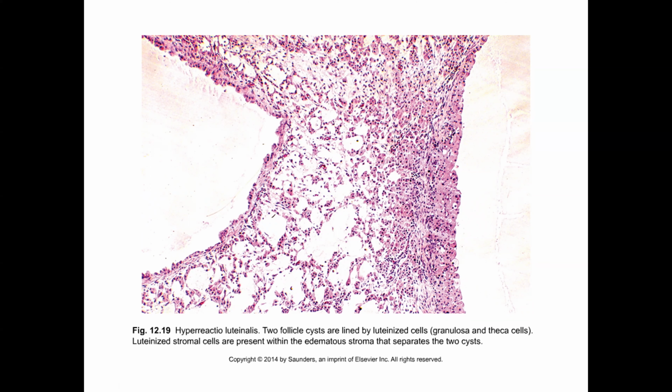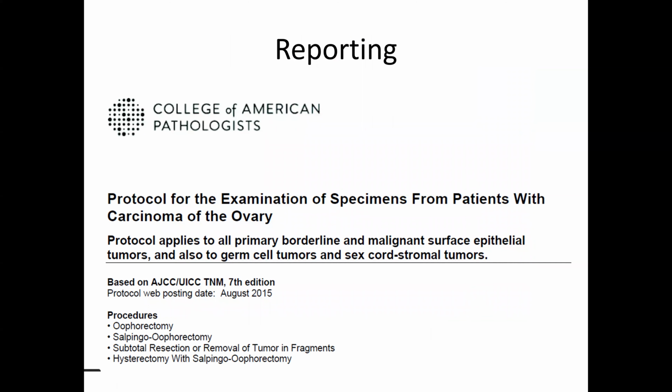So then just to conclude with some comments on staging, I think it's important to be familiar with the notes about all of these primary tumors that can occur in the ovary and the staging questions that can arise. We use the College of American Pathologists checklists. They're updated regularly. This is a much older edition.